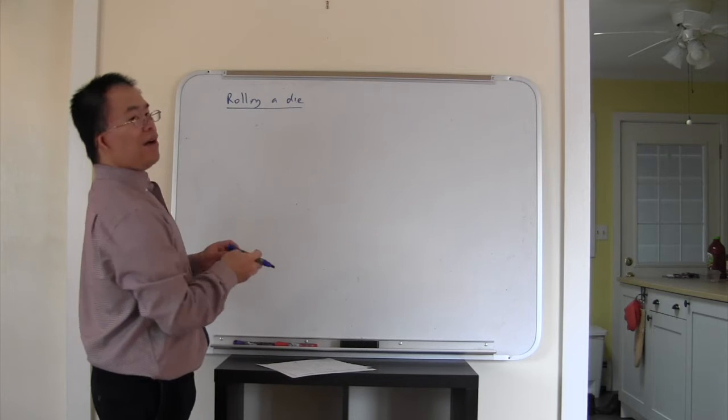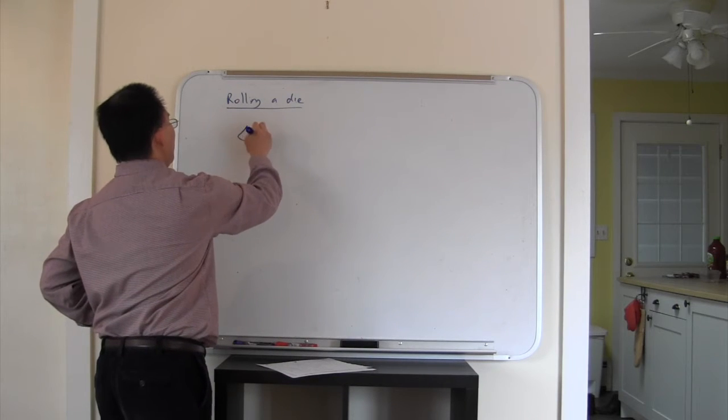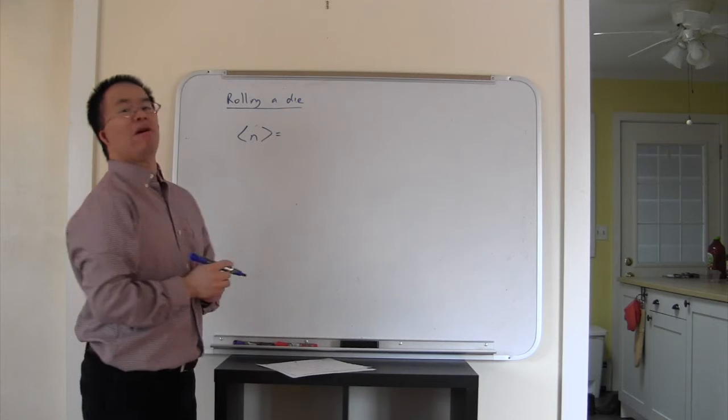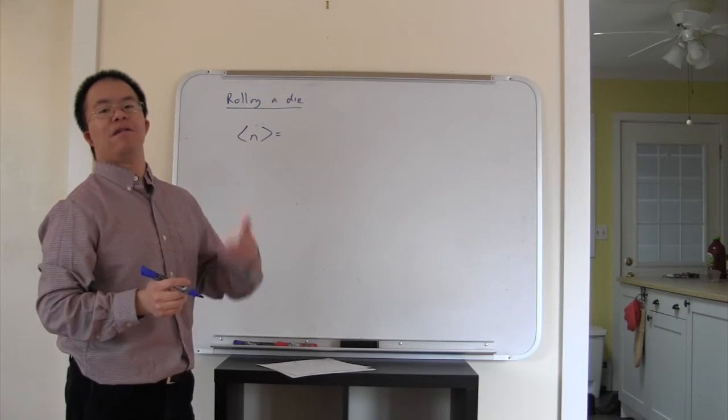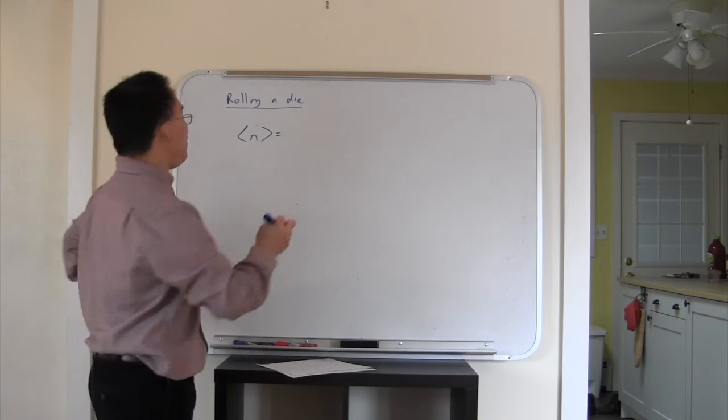The average value of n, according to our definition, is going to be the value times the probability of that value summed over all possible values.